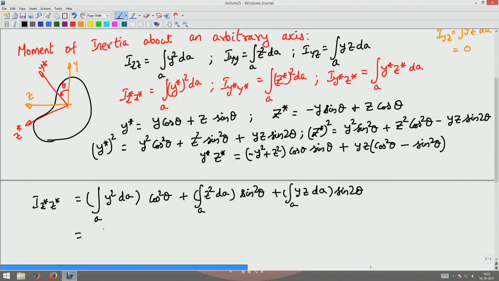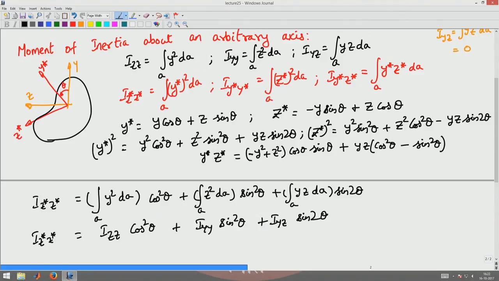This is nothing but I z cos square theta plus I y sin square theta plus I yz sin 2 theta, right. This is I z star.